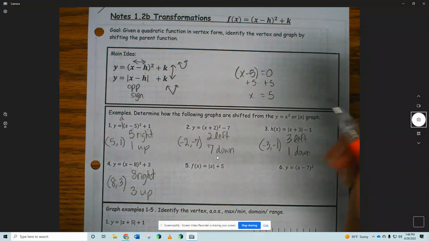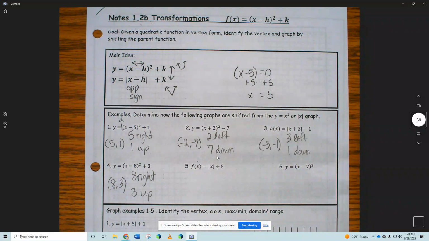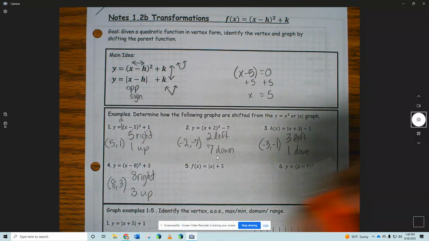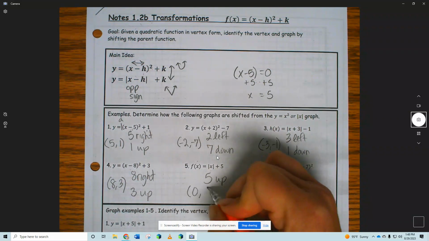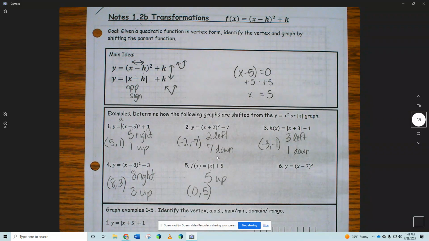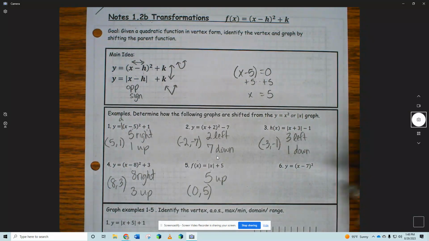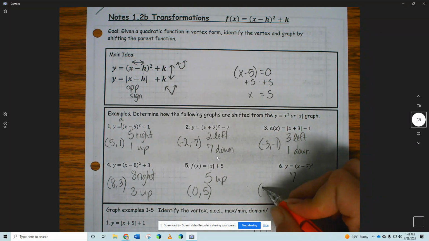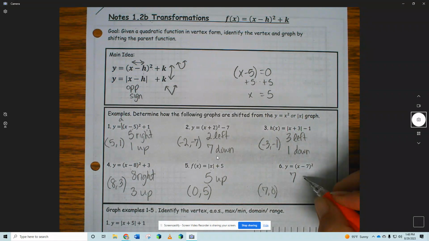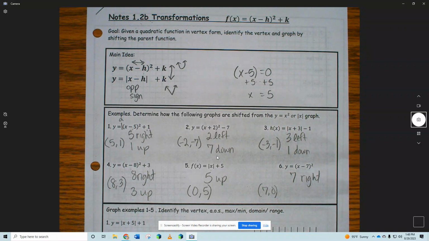Good. Number 5. All I have is a 5. 5 what? Up. That means my vertex is 0, 5. And lastly, number 6, I only have a 7. 7 what? To the right. You're right, 7, 0. Thank you for volunteering so much.